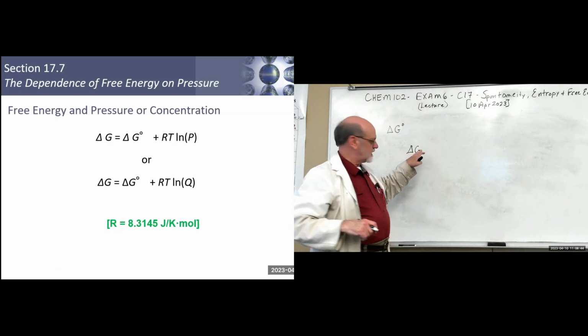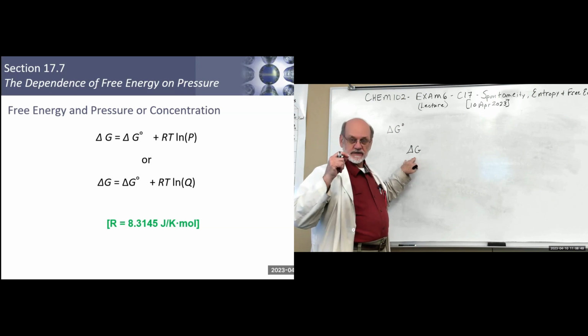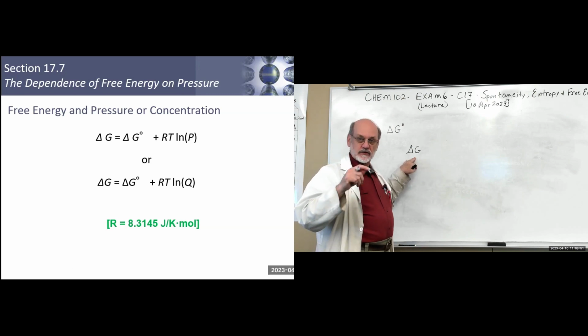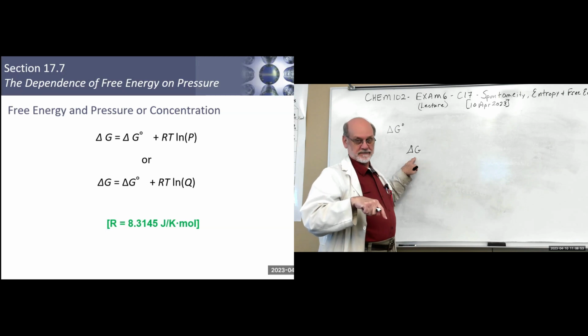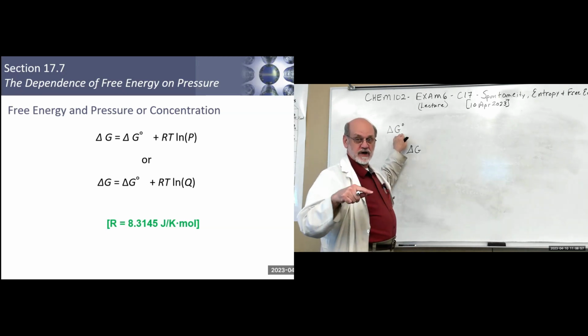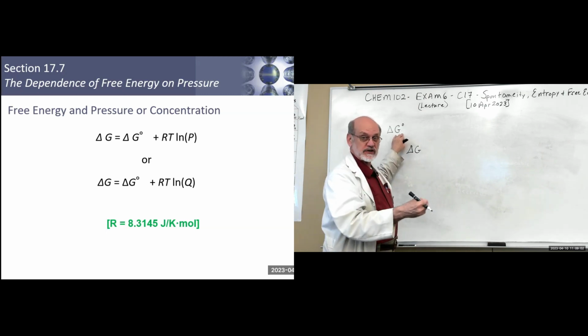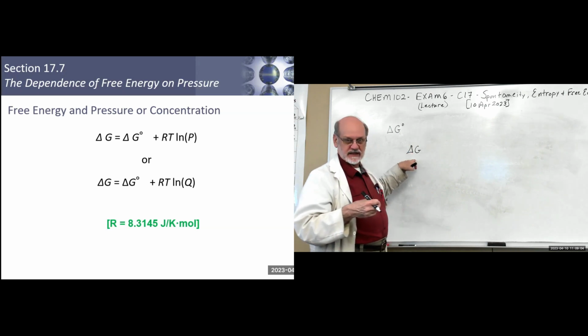So the actual delta G for the reaction determines whether it is spontaneous under the given conditions. If this is negative under standard temperature and pressure conditions, then the reaction will be spontaneous under those conditions. But what if we change the conditions?